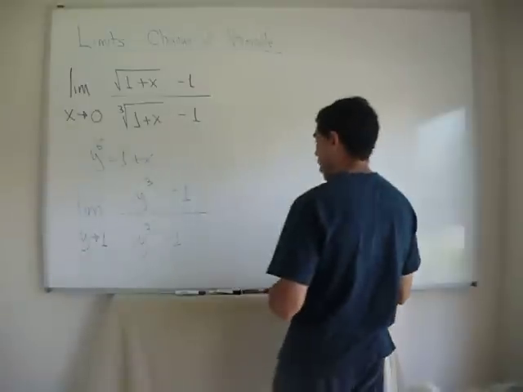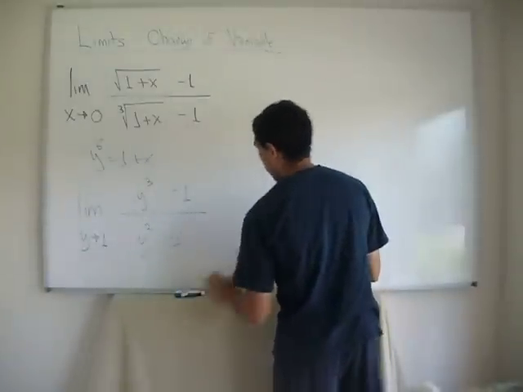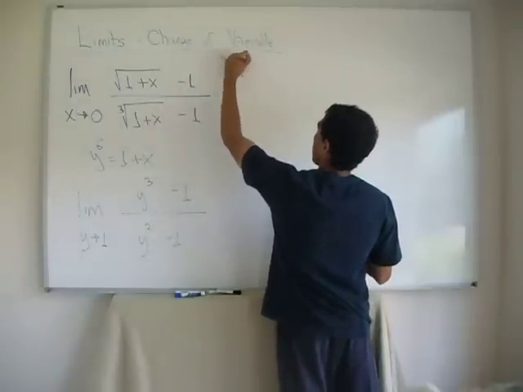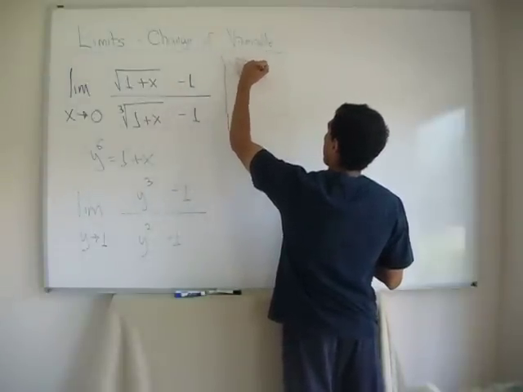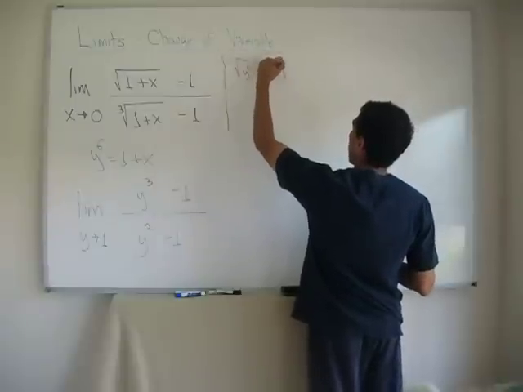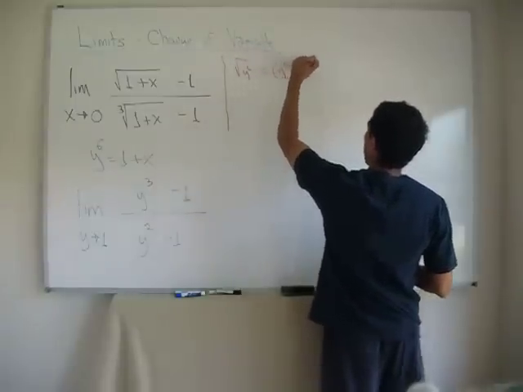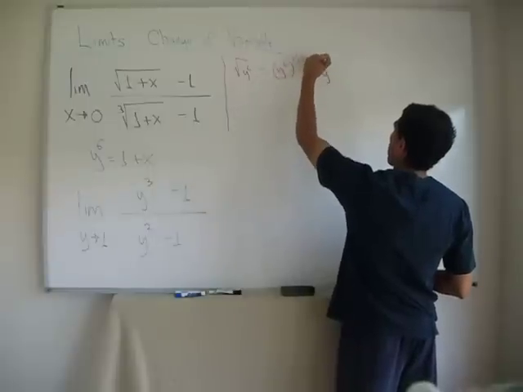And we can even write this down over here so you can visualize it. The square root of y to the 6 is equal to y to the 6 to the power 1/2, and this is equal to y cubed.